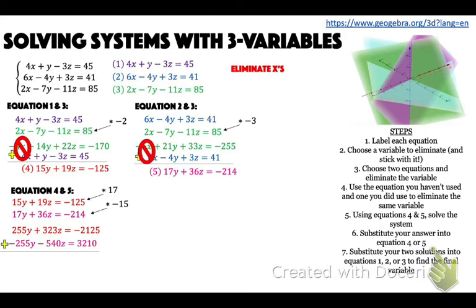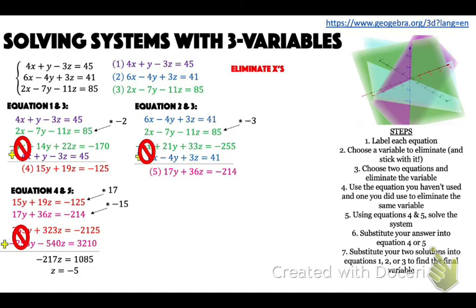And then 17 times 15 is negative 255y. 36 times negative 15 is negative 540z. And then equals 3,210. Those y's cancel, and I'm left with negative 217z equals 1,085. If you divide by negative 217, you get z equals negative 5.